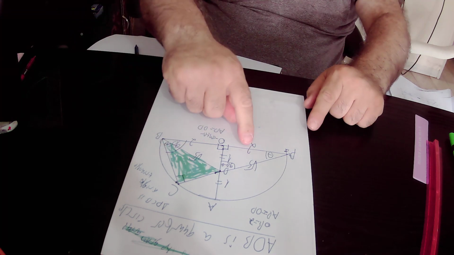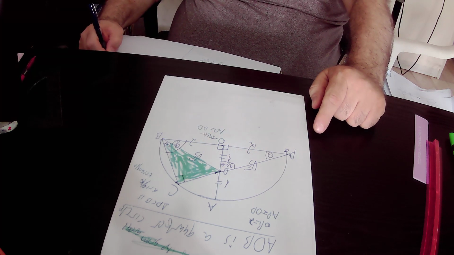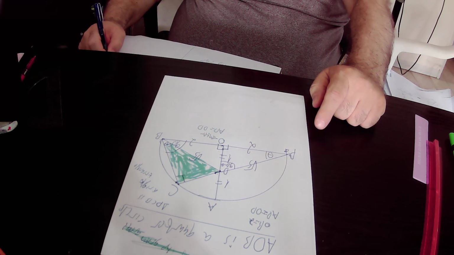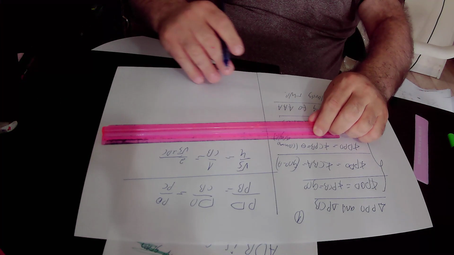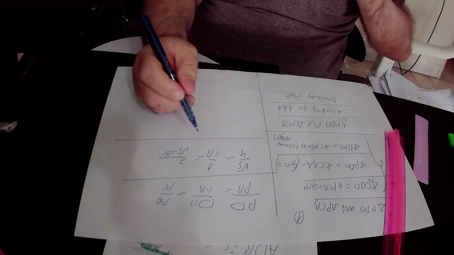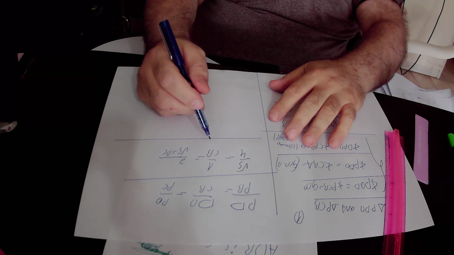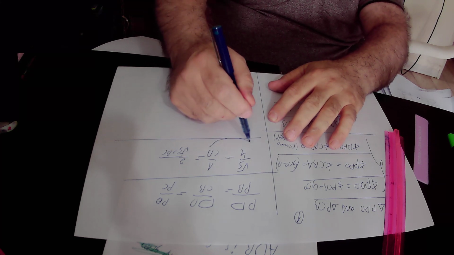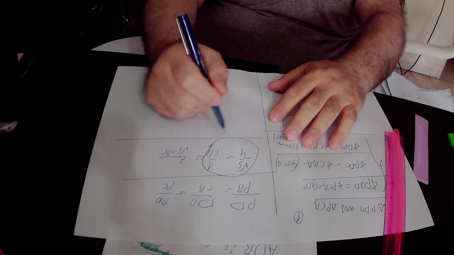PC equals square root of 5 units plus DC. So in conclusion, square root of 5 over 4 equals 1 over CB equals 2 over square root of 5 plus DC. We create the first equation from this equality.